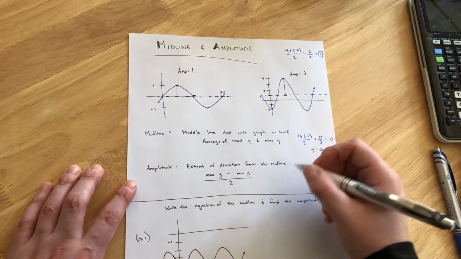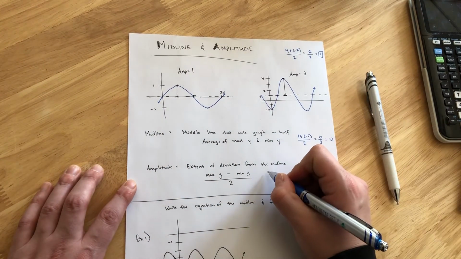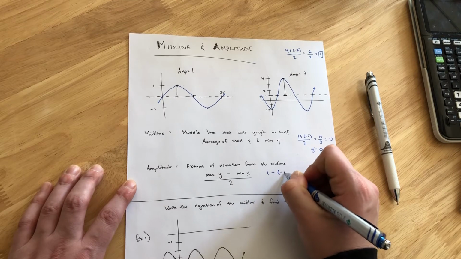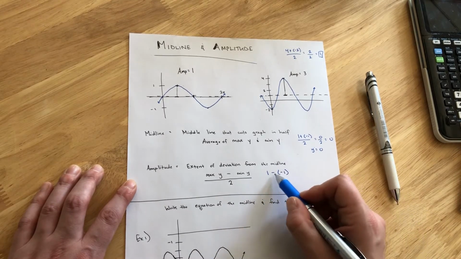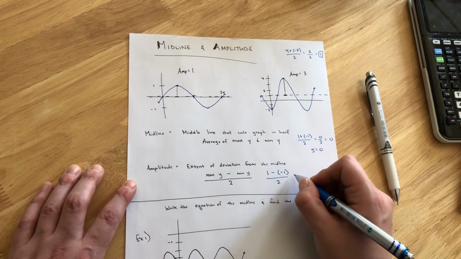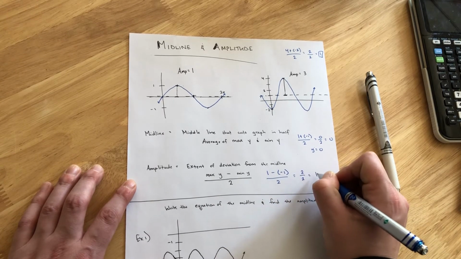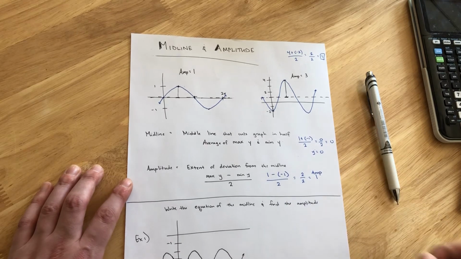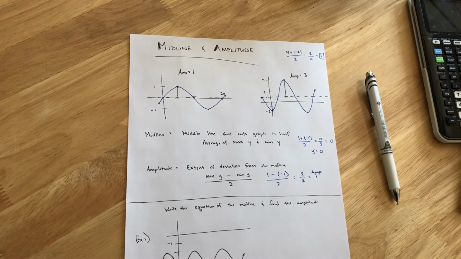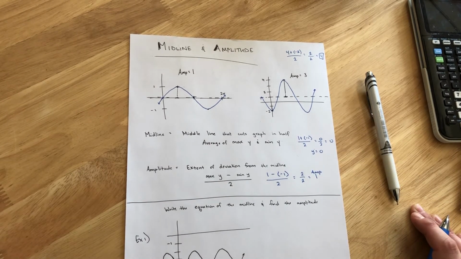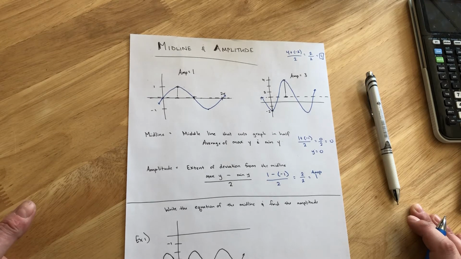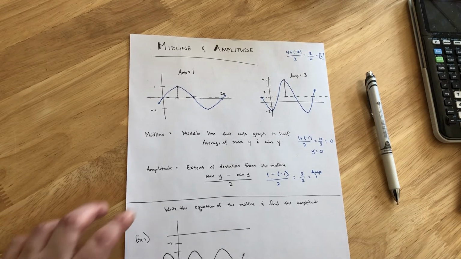So on that top left graph, I take my maximum y, 1, minus my minimum y, which is -1, so you get a double negative there, and divide by 2. 1 minus -1 is 2. 2 divided by 2 is 1. That's the amplitude, the deviation above or below that midline. So there are a couple of ways to go about finding the midline and the amplitude, and you can decide which one works best for you.